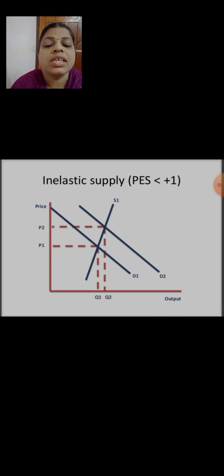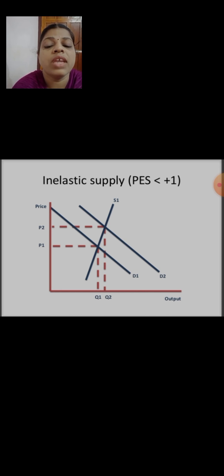So here we can see in the OY axis the prices are represented, and in the OX axis the output is represented. The various price levels are given in the OY axis as P1 and P2. In the OX axis, different levels of quantities are given. Which are they? O, Q1 and Q2.